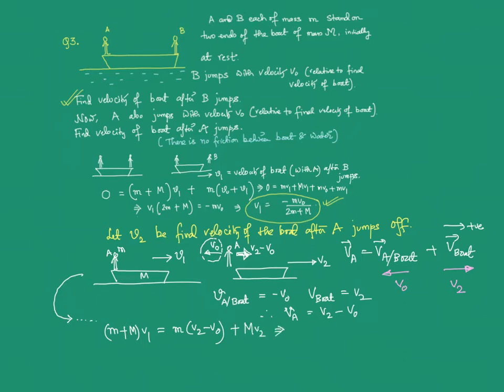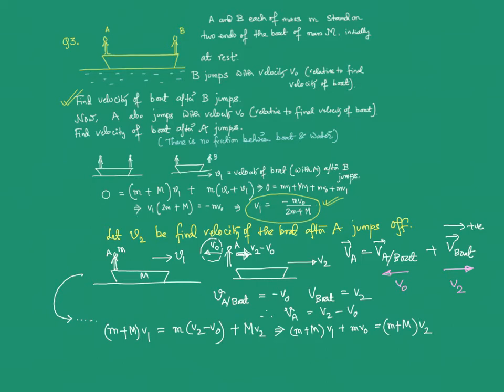This implies, to find v2, small m plus capital M times v1 plus small m v naught is equal to small m plus capital M times v2.